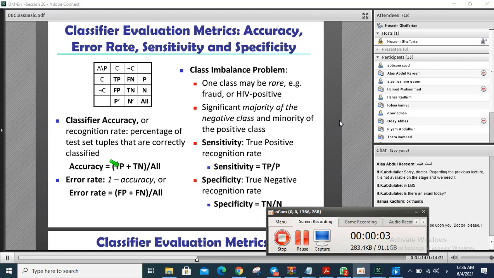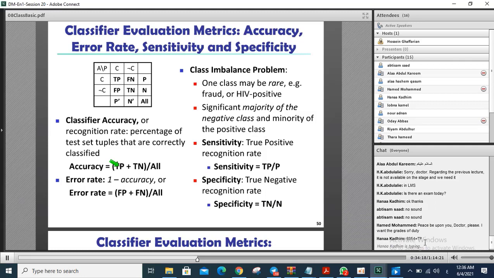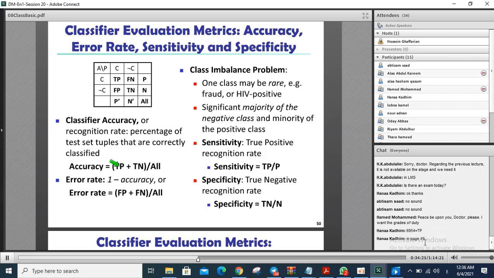So in accuracy, you can see that accuracy is the number of records that we predict truly or correctly. So true positive plus true negative divided by all, by the total number of records.